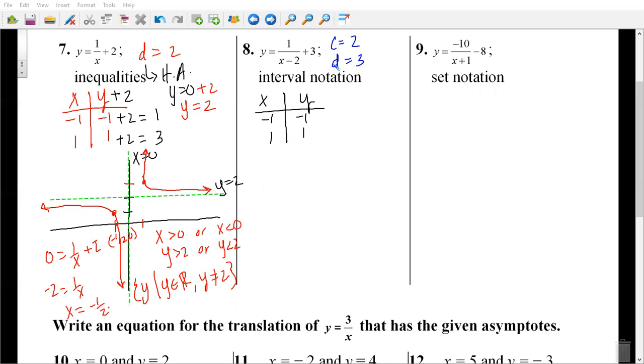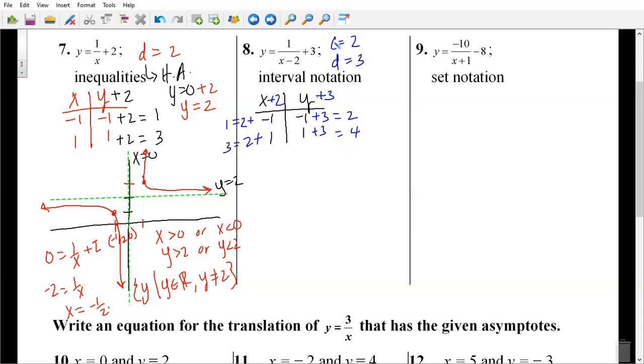So it's not a stretch or a compression, so it's addition and subtraction. So we're adding 3 to our y's and we're adding 2 to our x's. So we're adding 3, adding 3, adding 2, adding 2. So now we're at 2, 4, and we're at 1, 3.